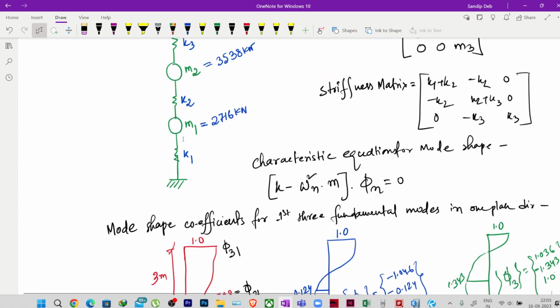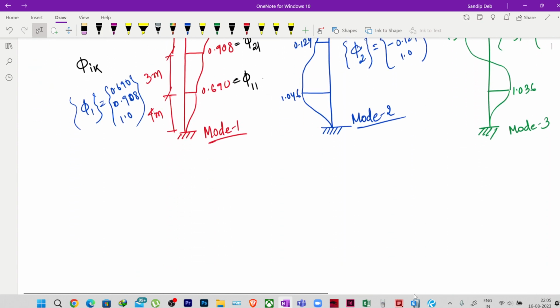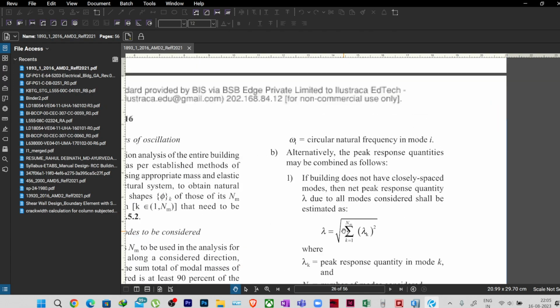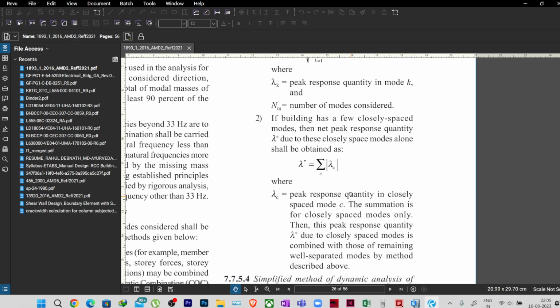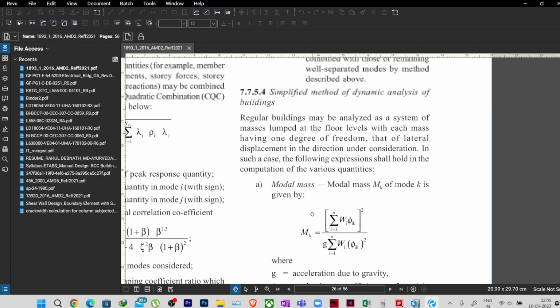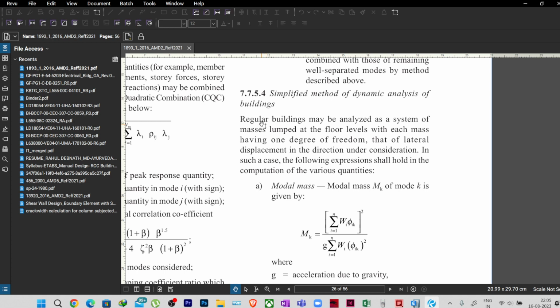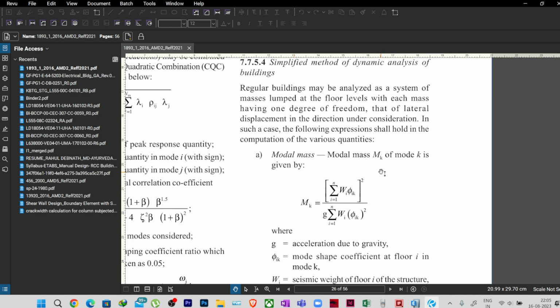Now after solving it, what is the modal mass participation? Let's come to this point. In our code IS 1893 part 1 2016, page 24, clause 7.5.4, simplified method of dynamic analysis of buildings, the modal mass Mk of mode k is given by Mk equal to summation of Wi phi ik, whole square, divided by g, the acceleration due to gravity in the current units, multiplied by summation of Wi phi ik square.